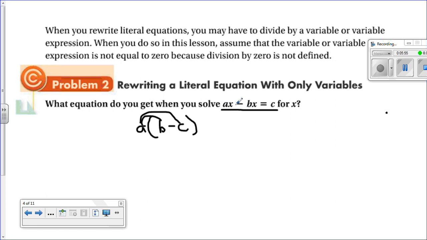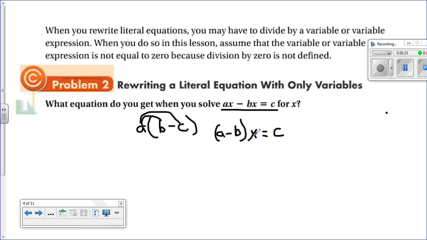So if we combine these, they both have an x. So combined, they would be a minus b times x. So let's write that. A minus b times x. Just make sure that you put x on the outside of parentheses to show that both a and b get an x.